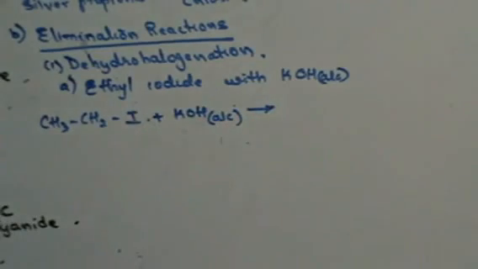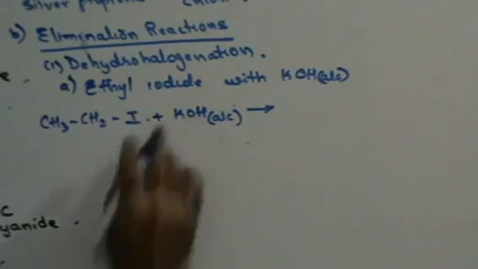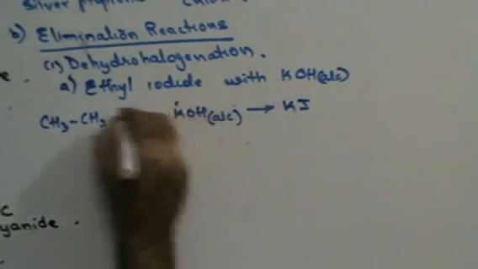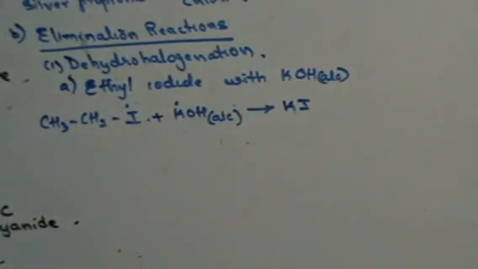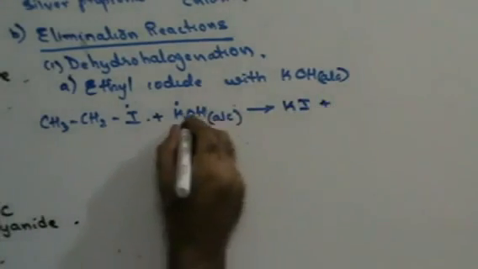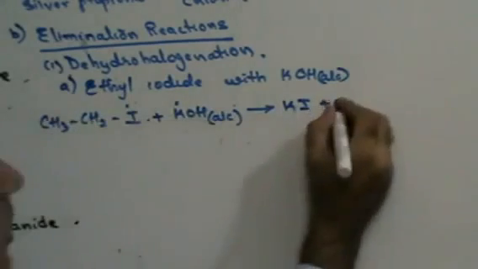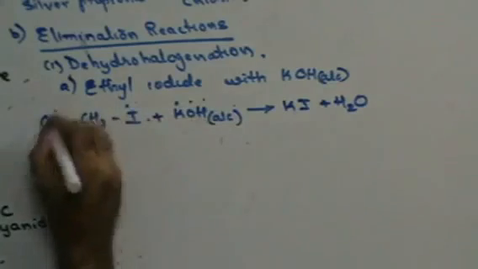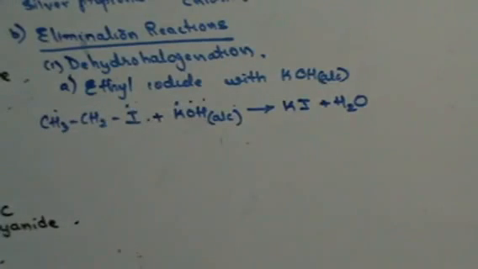Dehydrohalogenation. That means I have to remove first the halogen. How do I remove the halogen? This will be potassium iodide. So potassium reacts with iodine, and your halogen is removed. Now I have to remove one hydrogen. OH reacts with one H to form a water molecule.